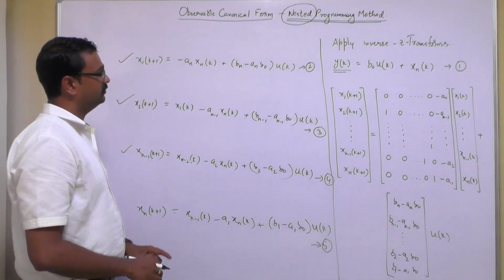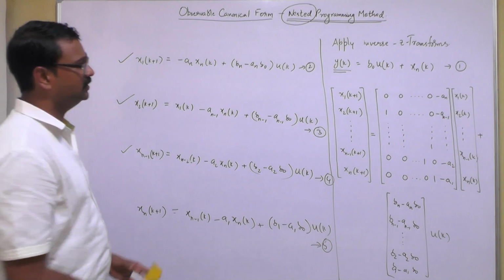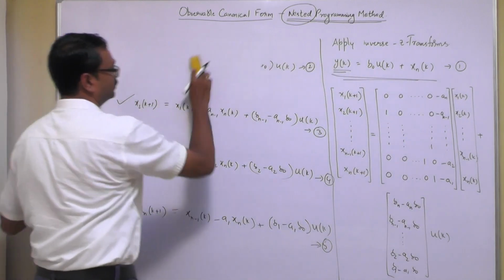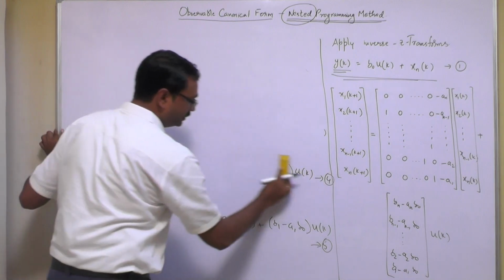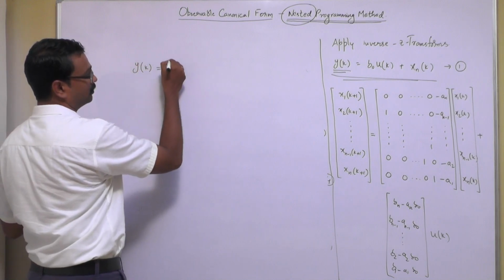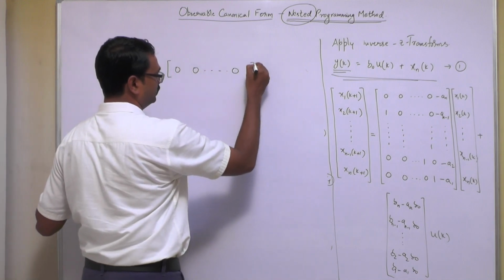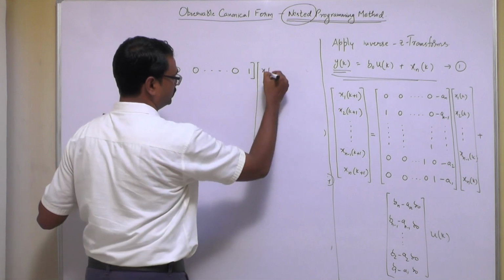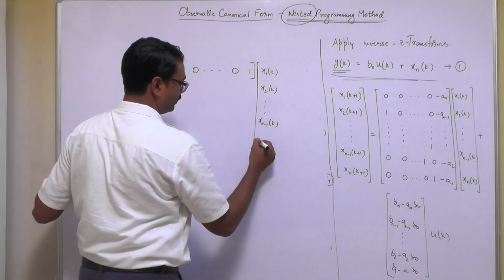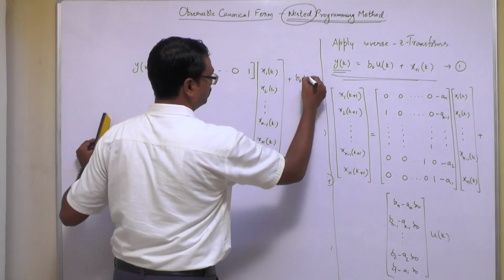So this is the state equation of the observable canonical form, and eventually with this you can simply write y of k in the equation form: y of k is equal to 0 0 0 1 into x1k x2k xn minus 1k and xnk plus b naught u of k.